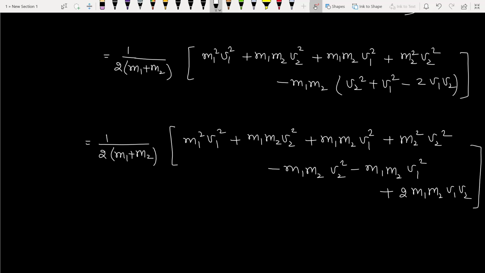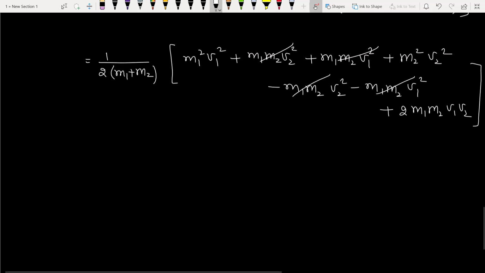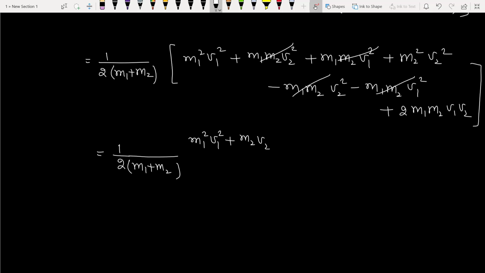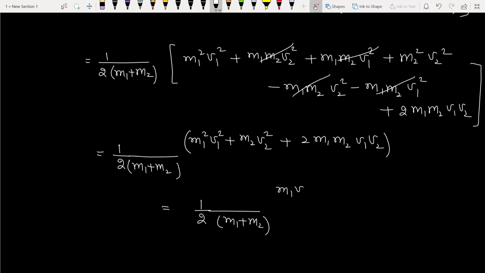We have simplified all the terms. Two terms are positive and two are negative, so they cancel out. We are left with m1 square v1 square plus m2 square v2 square plus 2 m1 m2 v1 v2, which is m1 v1 plus m2 v2 whole square.